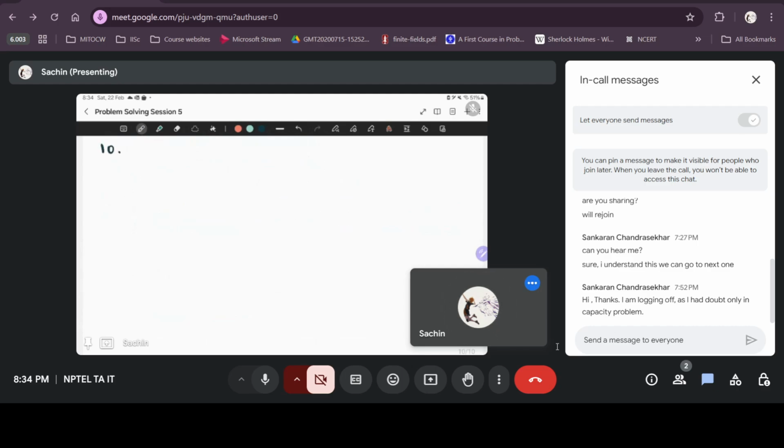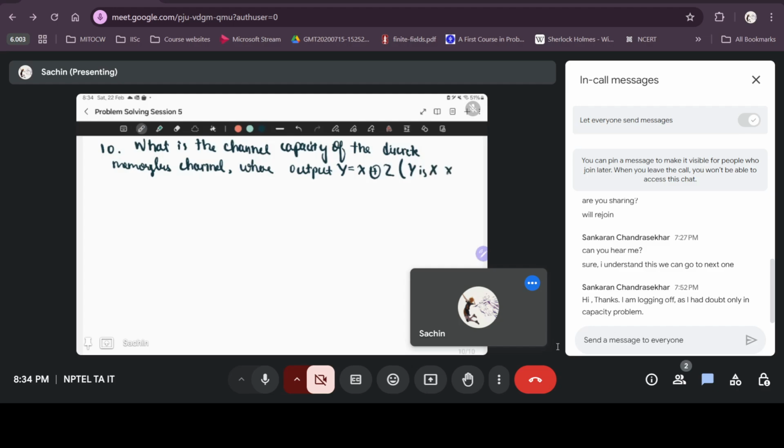Final question. What is the channel capacity of the discrete memoryless channel where output y is x or z, x is input, z is noise, where the probability that z equals 0 is equal to the probability that z equals 1, which equals half.